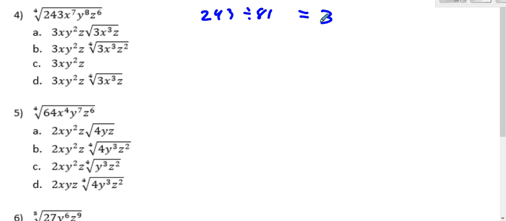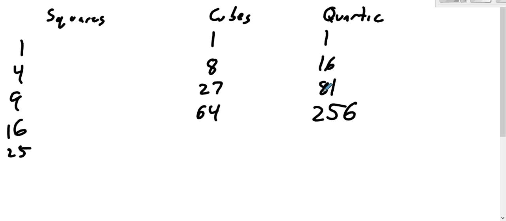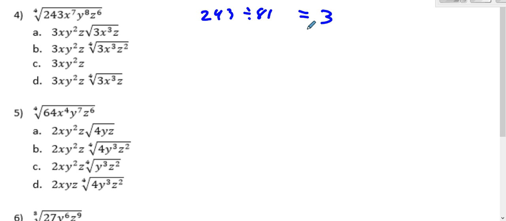So we've got the 4th root of 81, which is 3. And then there's an extra 3 left over. So the 3 on the outside and the 3 on the inside. And so it's not C. It's also not A because they didn't put the little 4 in there. So you can cross out A.